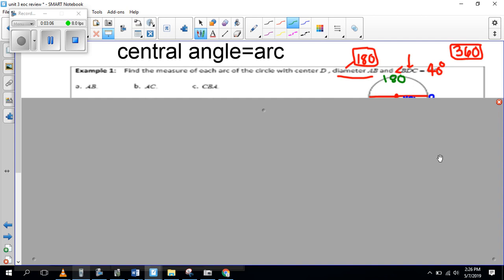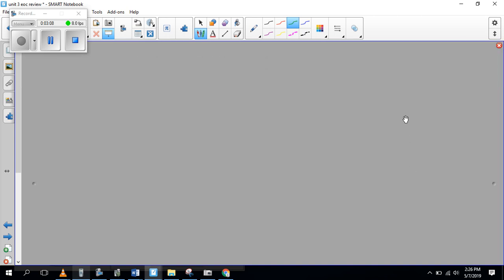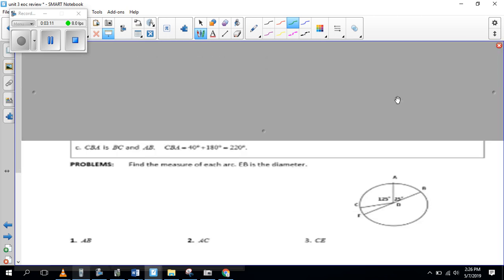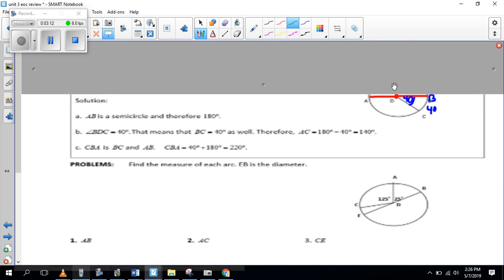Now I'm going to slide this up so we can see the other half. And this is all you're doing. You're finding diameters. If I find a diameter now, I know that from here all the way around there is also 180, because it's half of the circle. Sorry, I was giving y'all the answer.